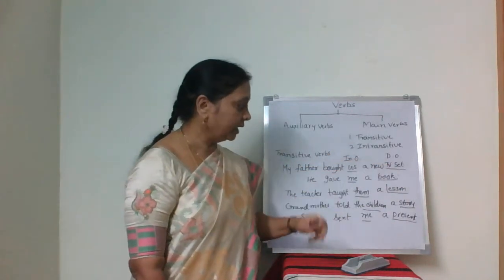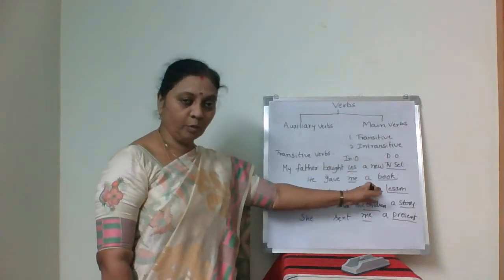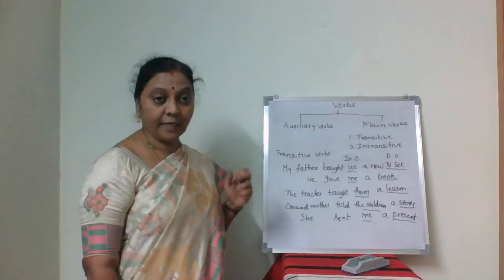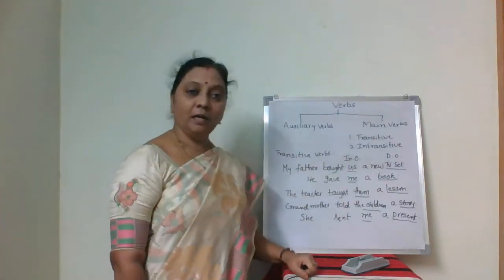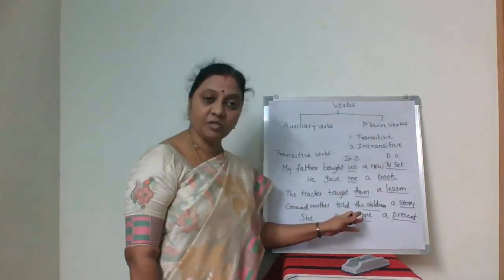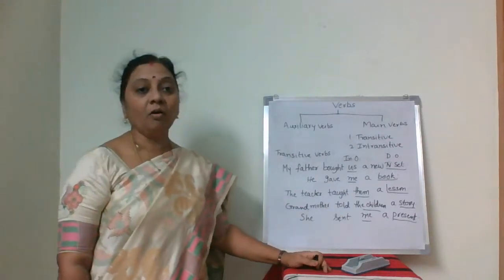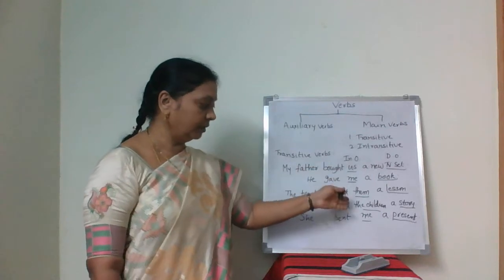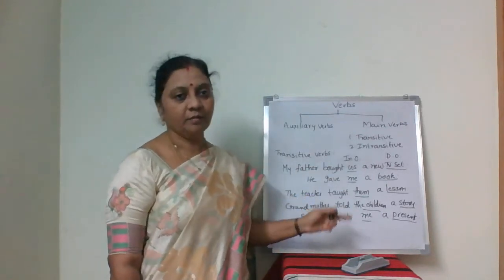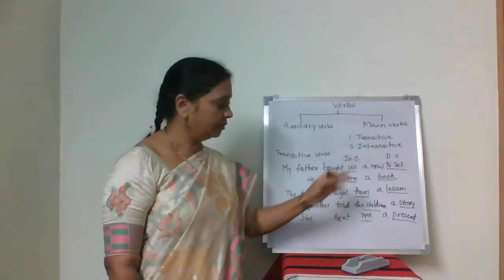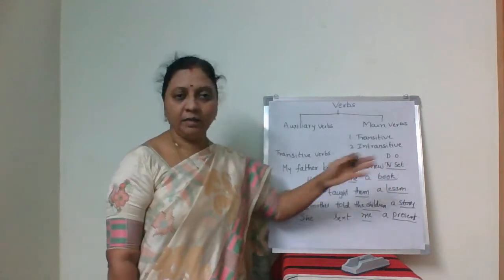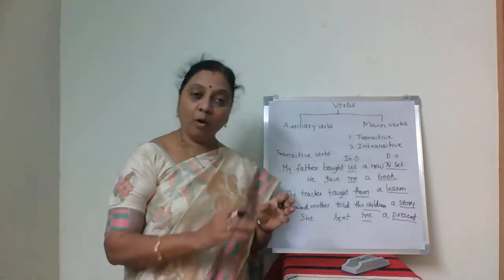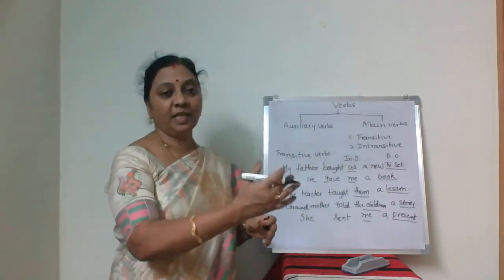Direct objects are like this: TV set, book, story, lesson, present. Whereas us, me, them, the children, all these are indirect objects, especially personal pronouns. The other things are all direct objects. My father bought us a new TV set.